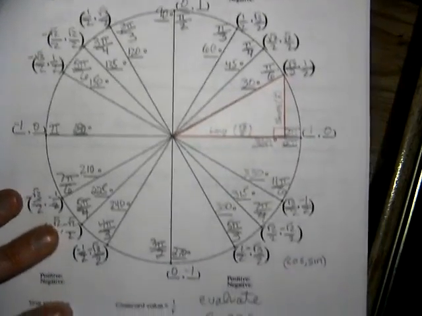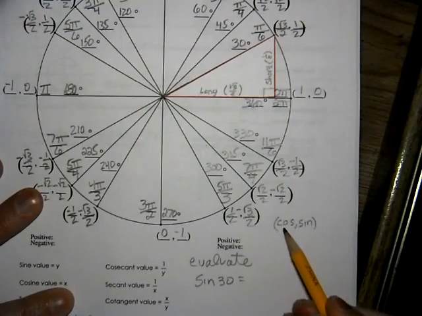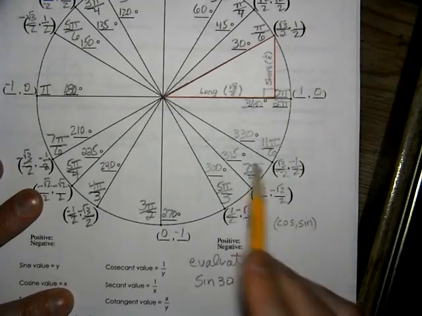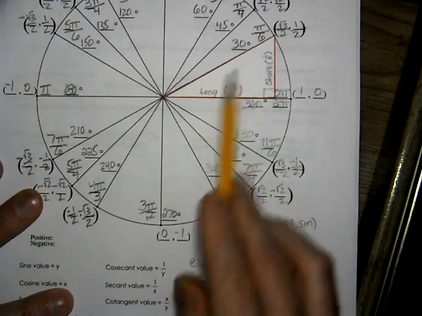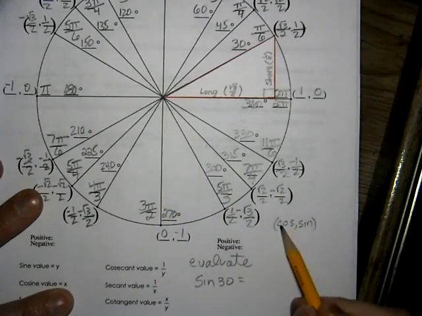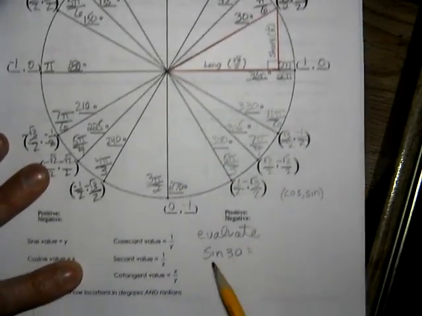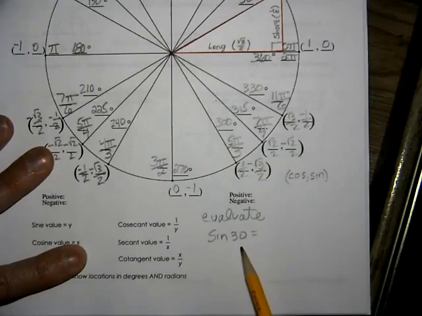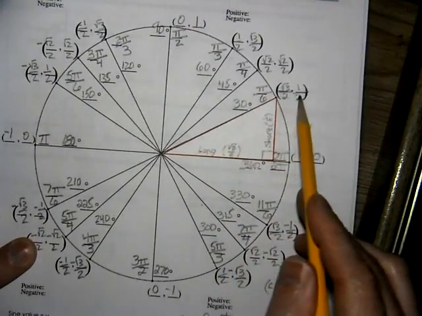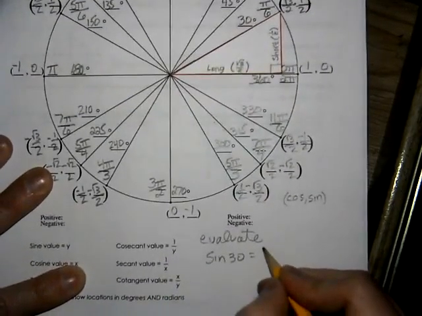So to help you remember that cosine is always the x and sine is always the y, we can think of how SOHCAHTOA works on the unit circle, or it's alphabetical. So we're going to evaluate the sine of 30. Sine is your y value at 30. So let's look up at 30 degrees. The y value is a half.